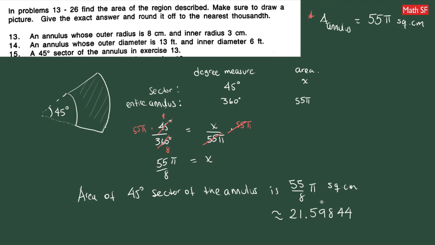Round to the nearest thousandth. I will get that this is approximately 21.598 square centimeters. So this was the exact solution, and this is the approximate solution.